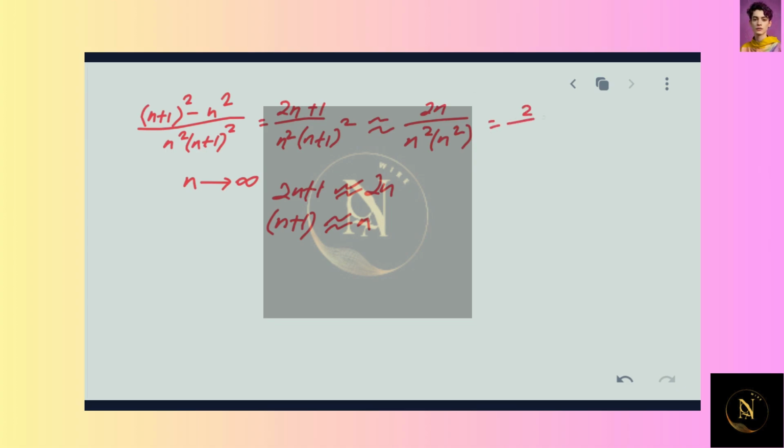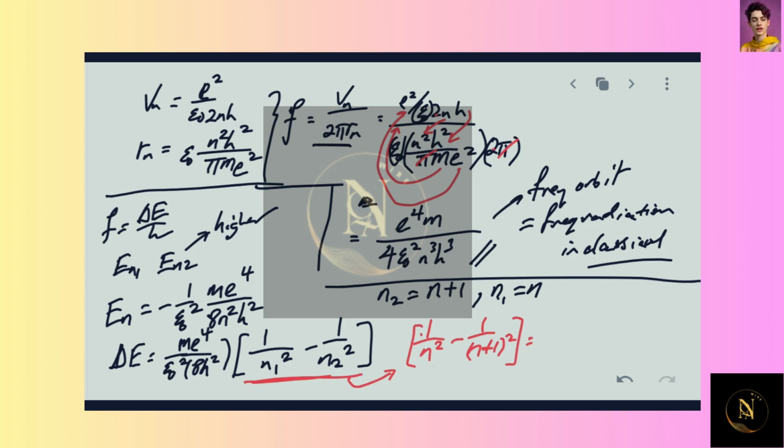This will be 2 over n cube when n is very, very large. Now we can substitute this back into this equation. We will get this factor, which is m e4 over epsilon naught square times 8h square.